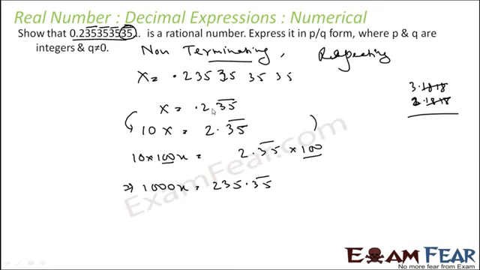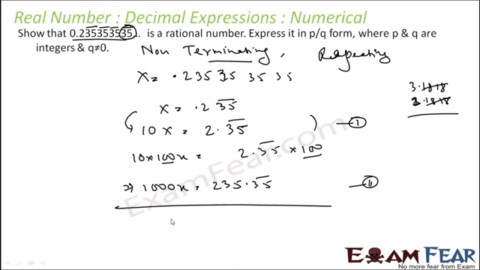See, first we multiplied with 10 just to make sure that this dot is just before the repeating part, and we got this. Once we got this, we have to multiply with 100 because 35 is repeating 2 digits, and we got 235.35 bar. Now if you see, this is equation 1 and this is equation 2.